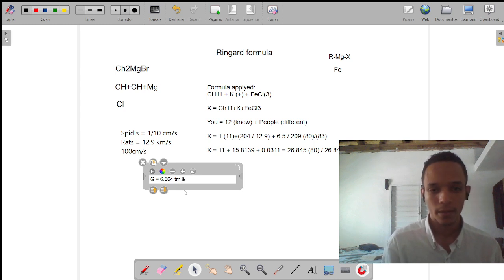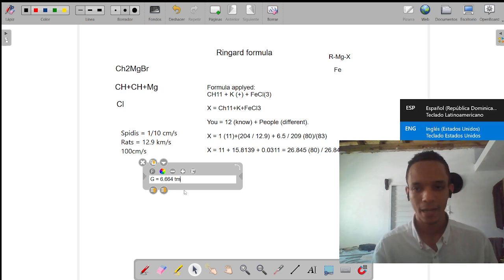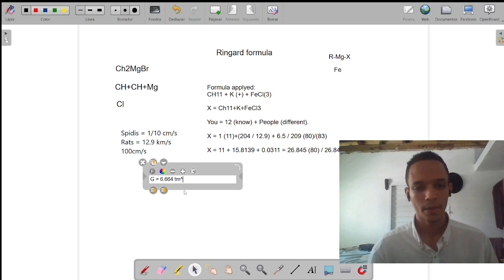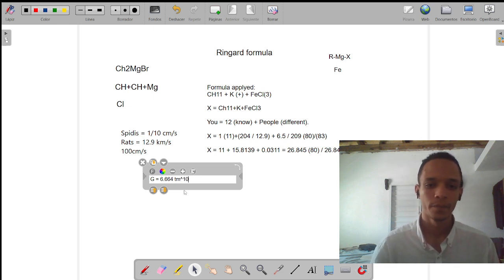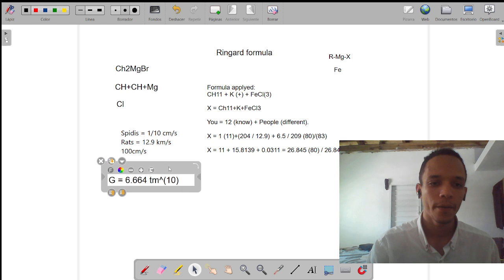What is it? 6? Okay. There is a way of putting the elevation sign. Let me see. Okay, by 10. And this is the gravitational wave, okay?